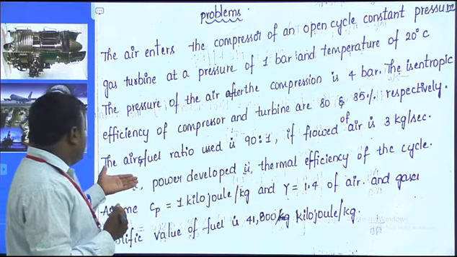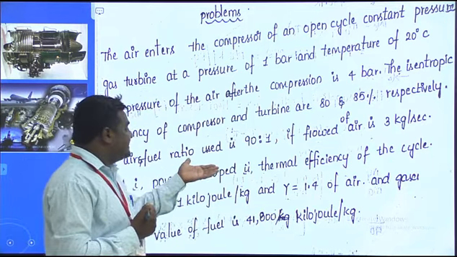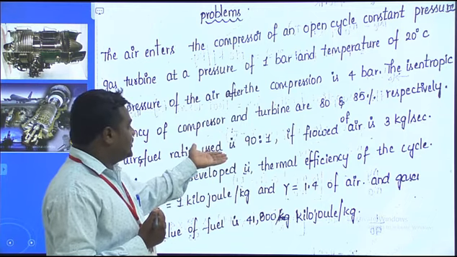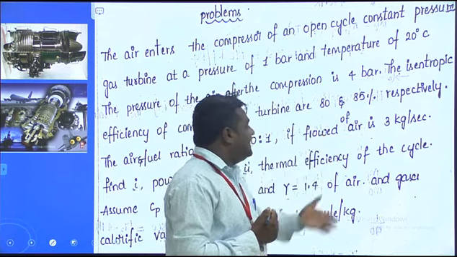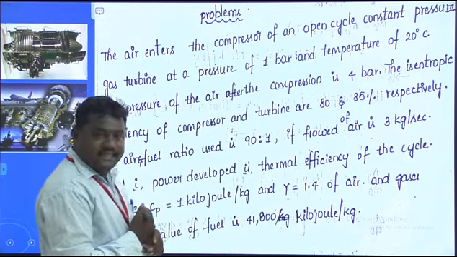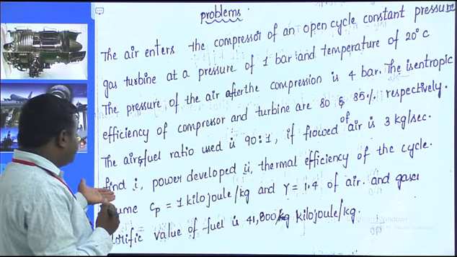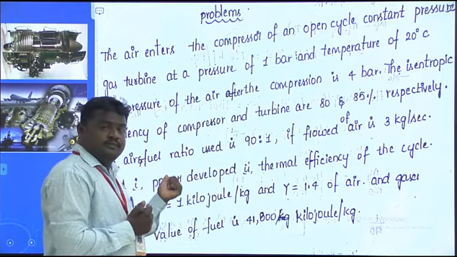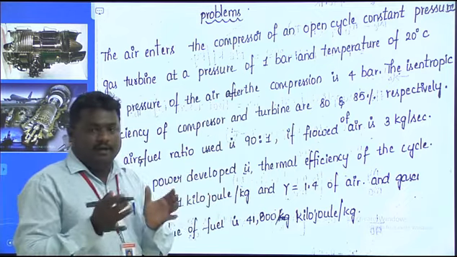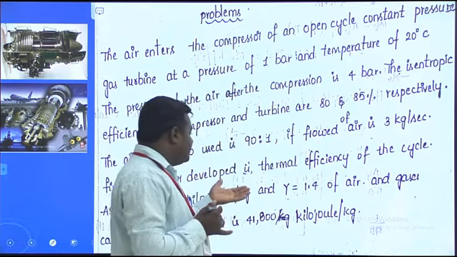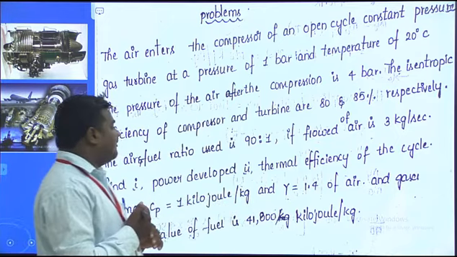The air-fuel ratio used is 90:1. If the flow of air is 3 kg per second, find the power developed, and second, the thermal efficiency of the cycle.